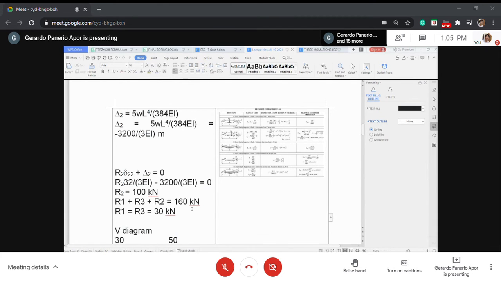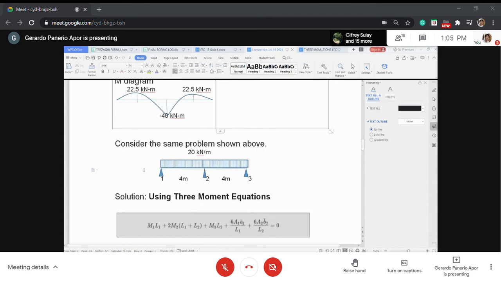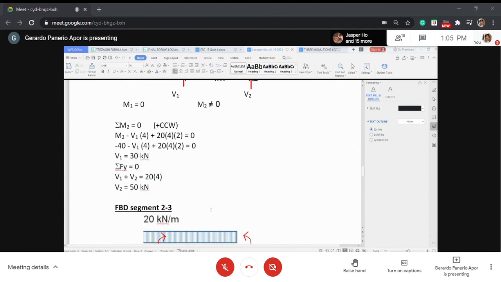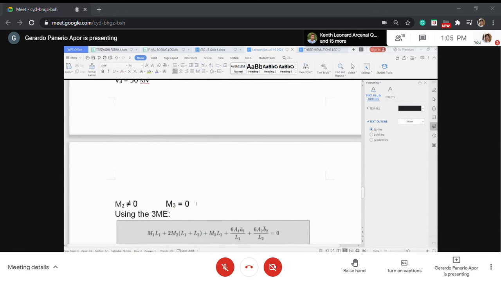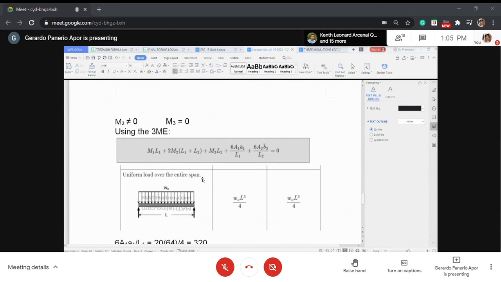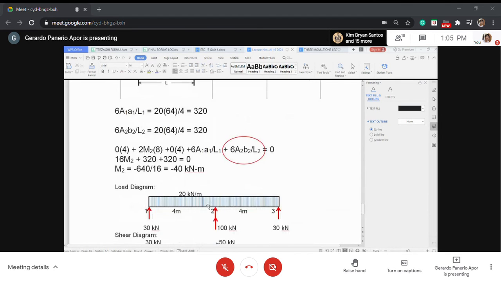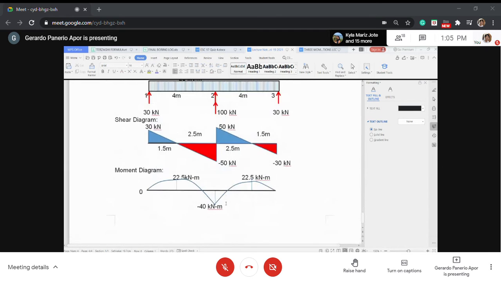Here, we are using the three-moment equation, considering the same problem. So we satisfy the moment equation here. So this is the answer.